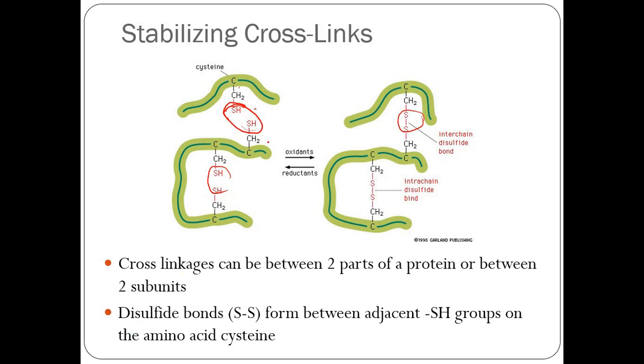This shows two parts of a protein, di ba? This is just one subunit, one protein, and this portion has an SH, and this other portion has another SH. They could stabilize this protein more due to the presence of the disulfide bond.